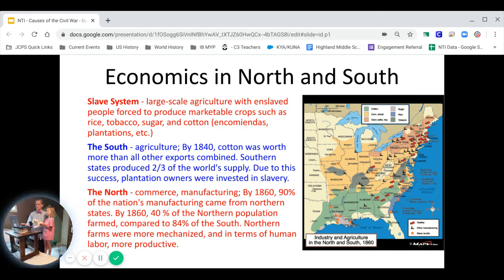So as far as the amount that one person could do because of machinery in the North, one person could do a lot more, so it was less labor intensive. It was more labor intensive in the South when you needed a lot of people to pick the cotton, for example.